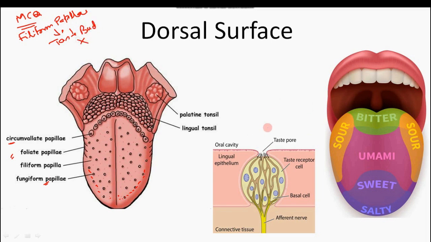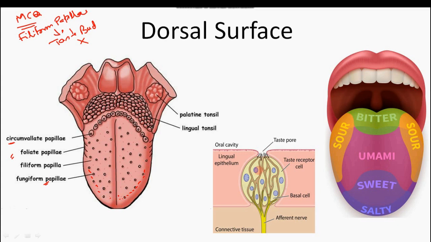Clear? Now here we will see the taste bud. This taste bud is spherical in shape. And in the core region, in the center region, there are spindle-shaped cells.